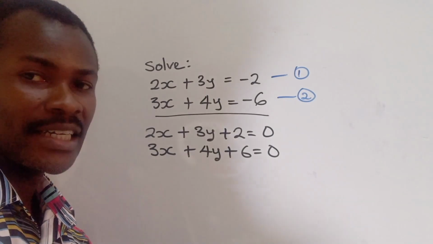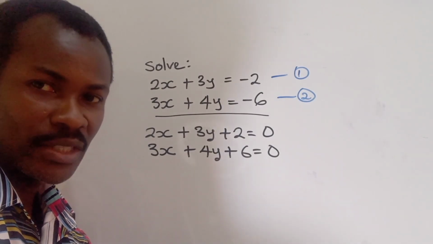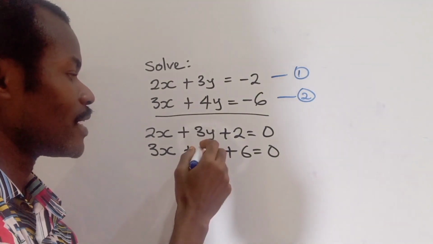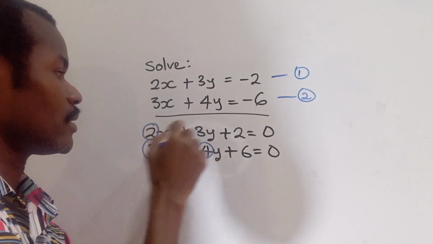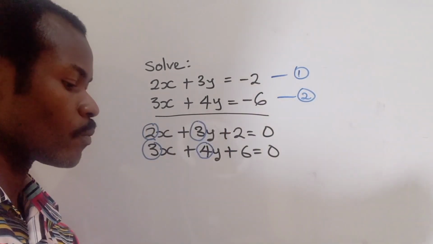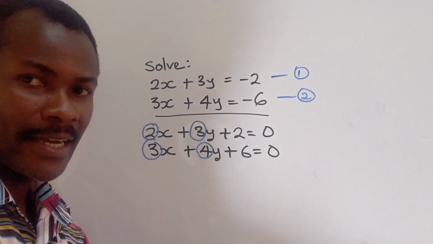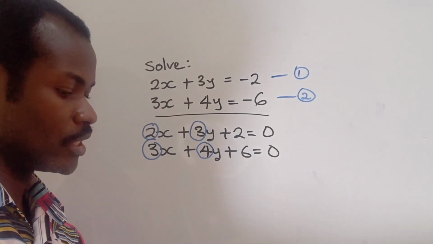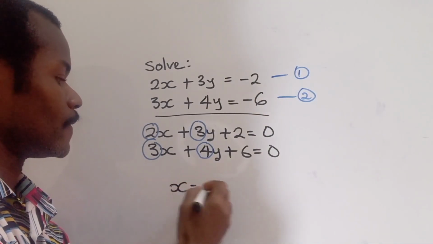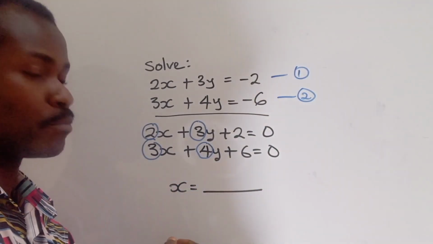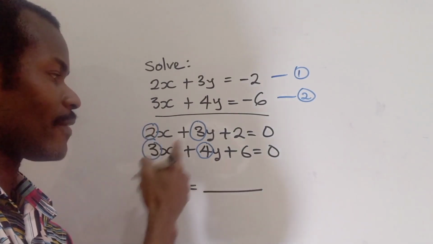So from this, we can now find our x. Now to find our x, okay, you can observe me circling all this, okay? So to find x, I'm going to simply find the determinant of what is left after the circle.